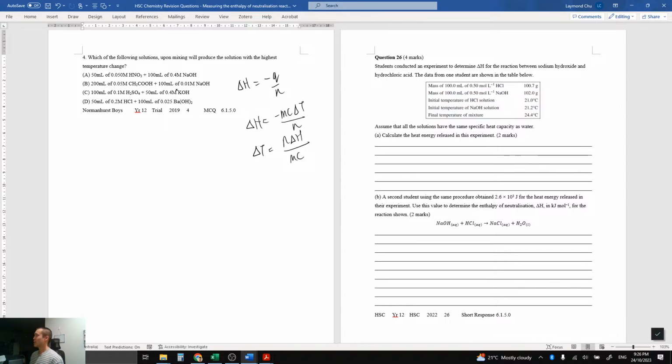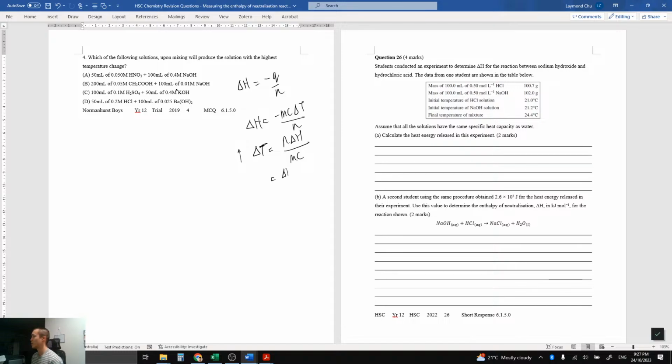Now, how we look at this question should be the following. We want to make our lives as easy as possible by having some sort of ratio, because this question is asking for the highest temperature change, so we want this number to be as big as possible. So we need to first find what's going to be constant.